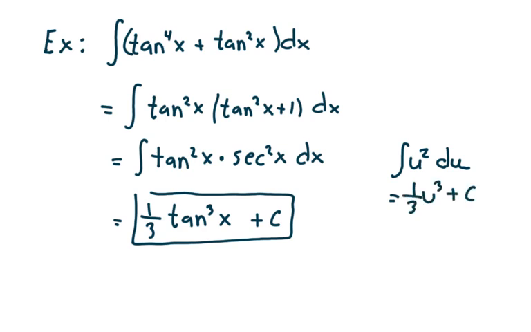But remember, u is tangent x, and hence this is where I'm getting this from. Okay, so that'll do it for this video. And this is for the final review. We did 2 examples of integration by parts, and then an example that involved trig. So, okay, thank you.